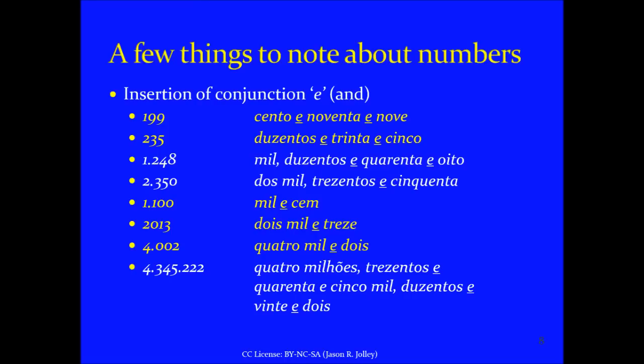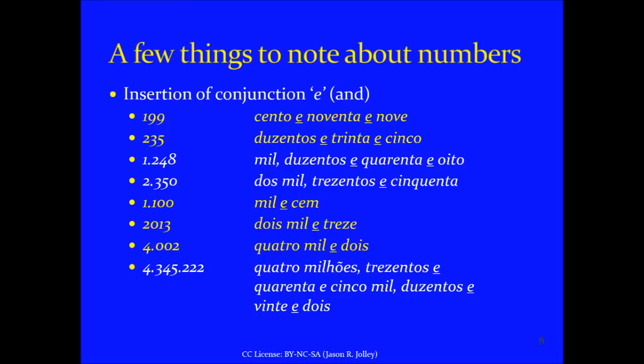So look at these examples: 1,100, 2013, which happens to be the year, or 4,002. There I am inserting the conjunction E.